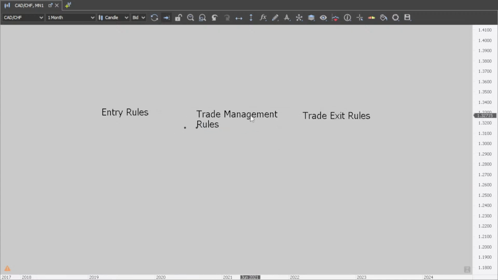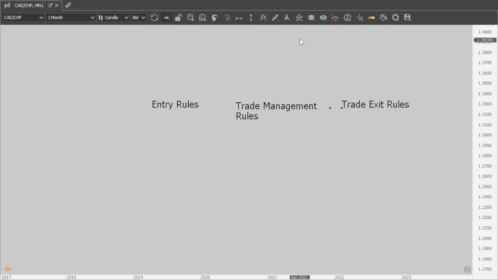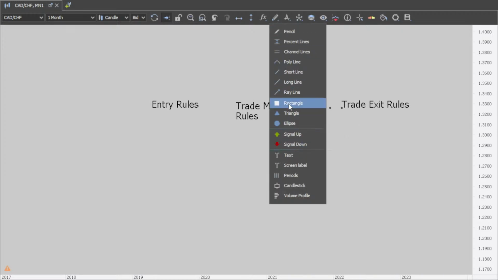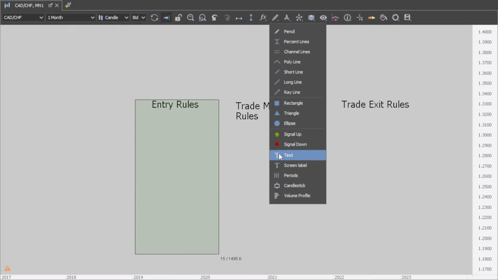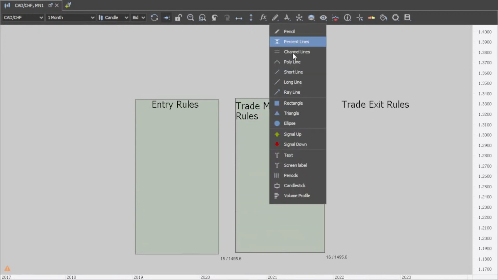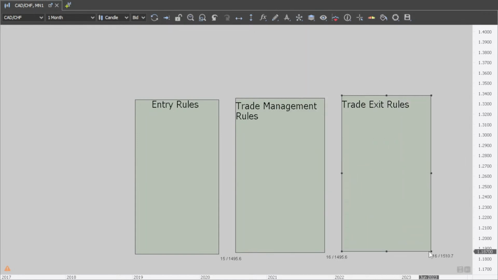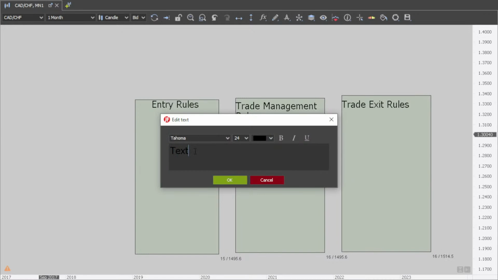Got it? Trade entry rules, trade management rules, and trade exit rules, everybody. And here on the left we are going to have, so this would be 1, this would be 2, this would be 3, and here on the left we are going to have different trading styles.